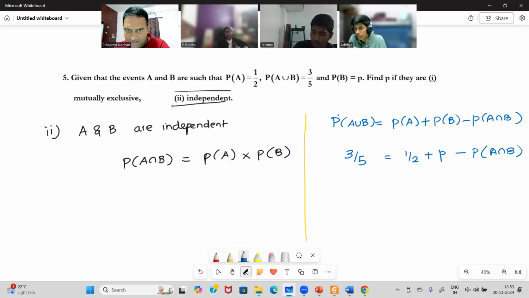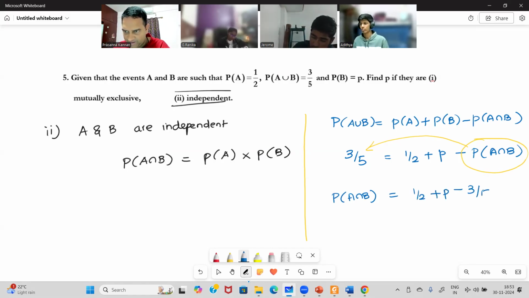So P of A intersection B, we will take it to this side. It will be equal to what? 1 by 2 plus P minus 3 by 5. Correct, Ranika? Yes, sir. Okay. So in place of P of A intersection B, what can I write?